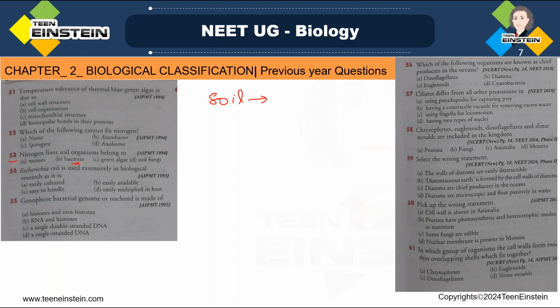Then question number 54. E. coli is used extensively in biological research as it is option A, easily cultured, option B, easily available, option C, easy to handle, option D, easily multiplied in host.